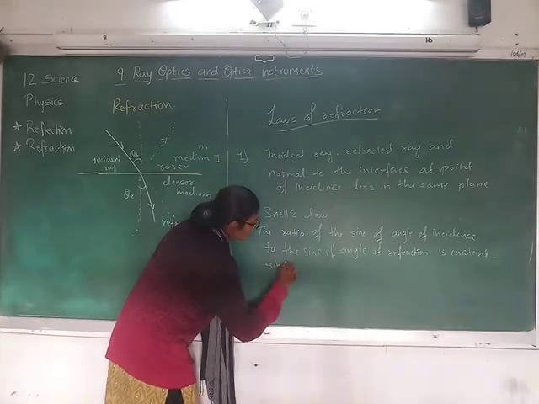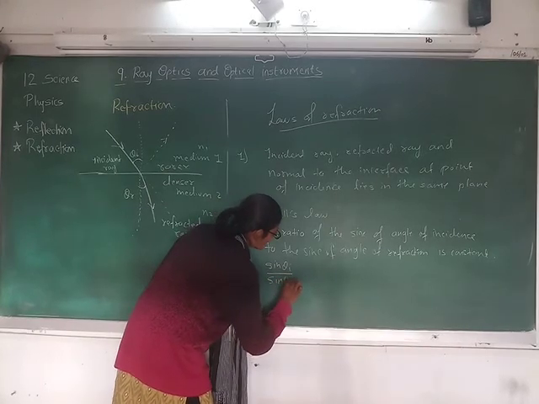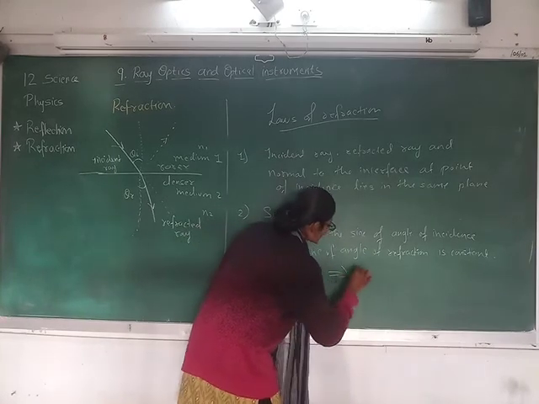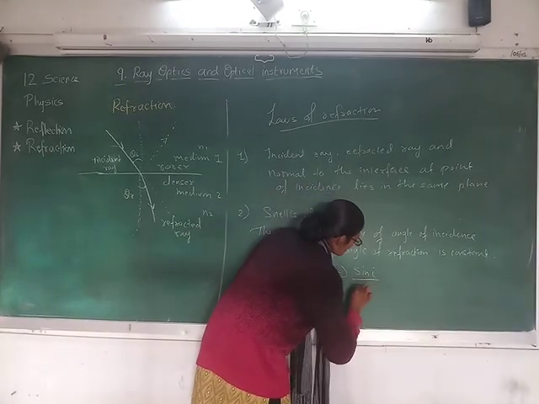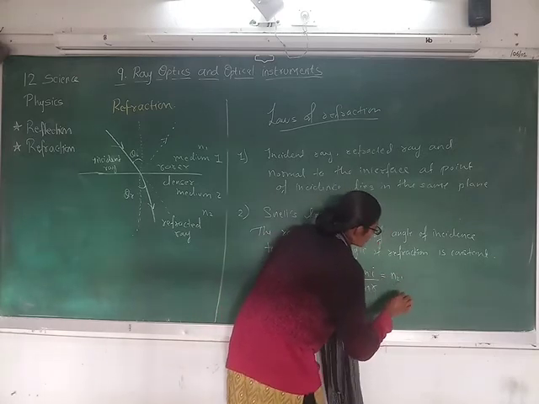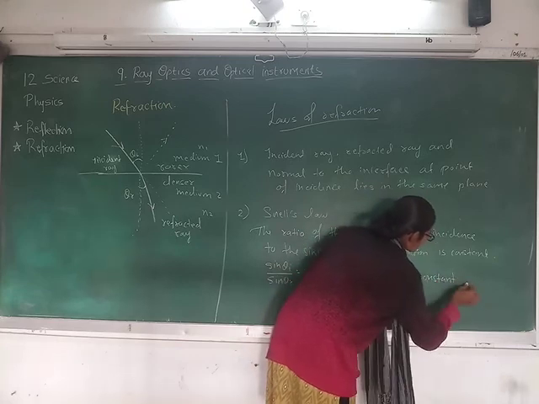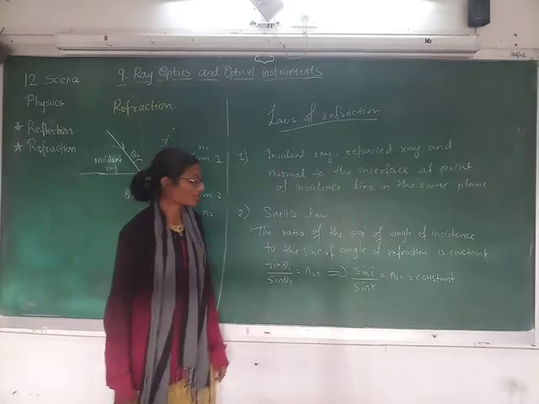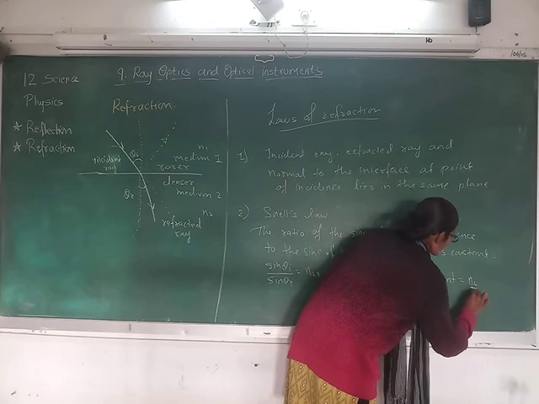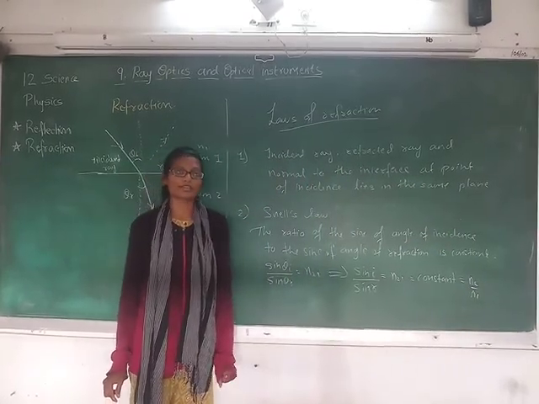That is sine theta I upon sine theta r equals n21, or you can simply write it as sine I upon sine r equals n21, which is constant. Here n21 you can write as n2 by n1. So you may note down this law of refraction.